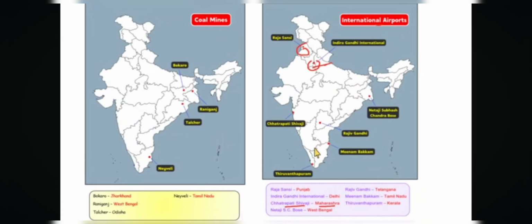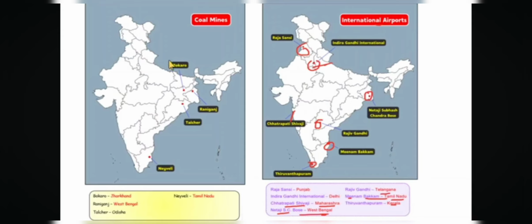Then at this point here, right? Then Rajiv Gandhi International Airport in Telangana. Next, Meenambakkam. Meenambakkam is in Tamil Nadu. And Thiruvananthapuram is in Kerala, right? These are some of the international airports here.